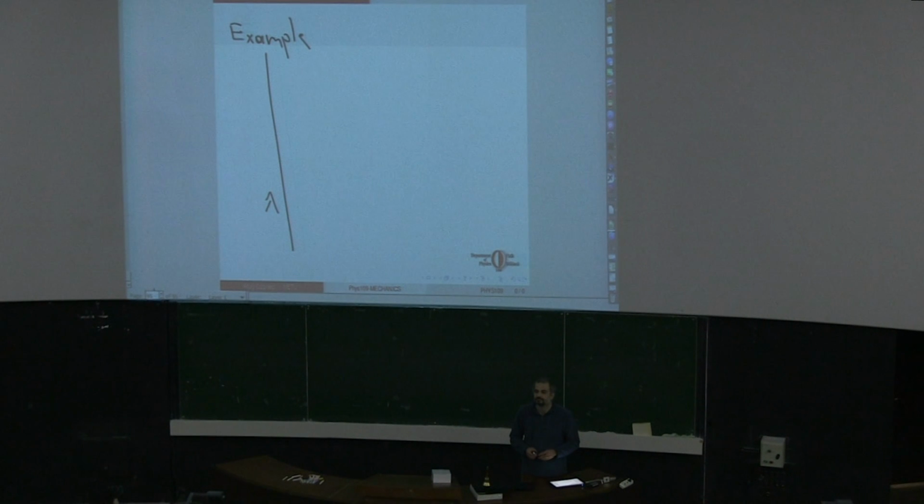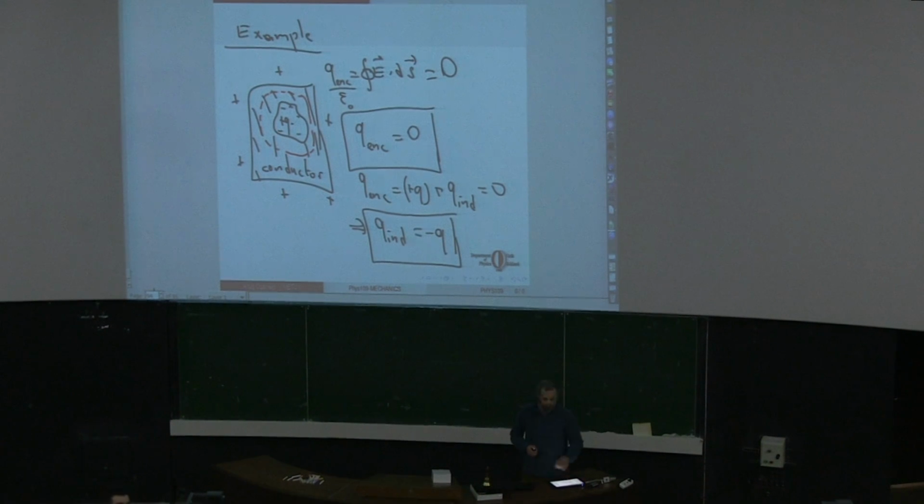Question before you leave? Sure. If you draw the electric field lines in this case, we will have electric field lines moving somewhat like this, and no electric field inside the conductor, and then we will get some electric fields outside.